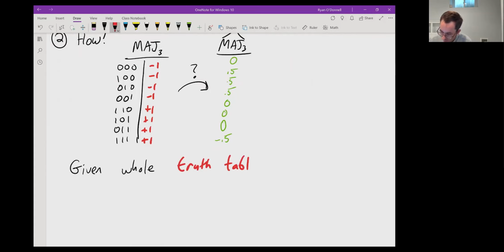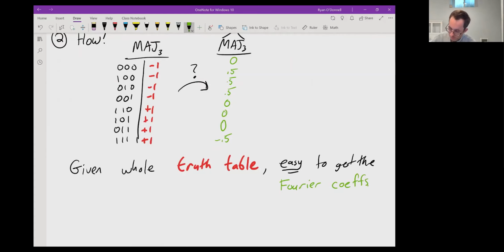It's fast, it's efficient. You can even do a really simple recursive algorithm to find the green numbers. It's very easy to get the green Fourier coefficients. Now again, we haven't addressed why you would care to get these numbers exactly, but I'll claim that it's important and we'll come back to it later.